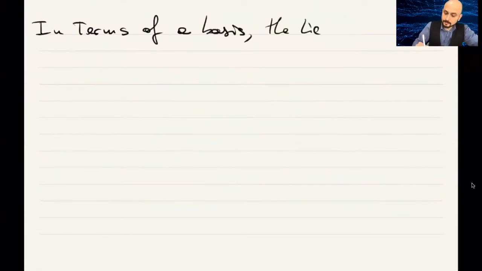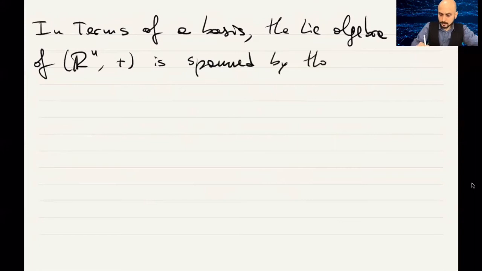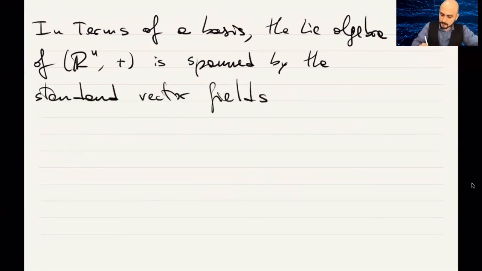The Lie algebra of this group (Rn, +) is spanned by the standard constant vector fields ∂x1, ..., ∂xn, where in Rn I'm using x1, ..., xn as coordinates.